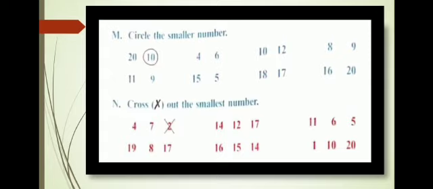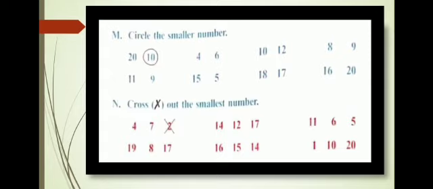Yes, the number 10 is smaller than number 20. Now see the next example. There are two numbers, 4 and 6. So tell me, which number is smaller? Yes, the number 4 is smaller than the number 6. In this way, you can solve the rest of the examples.